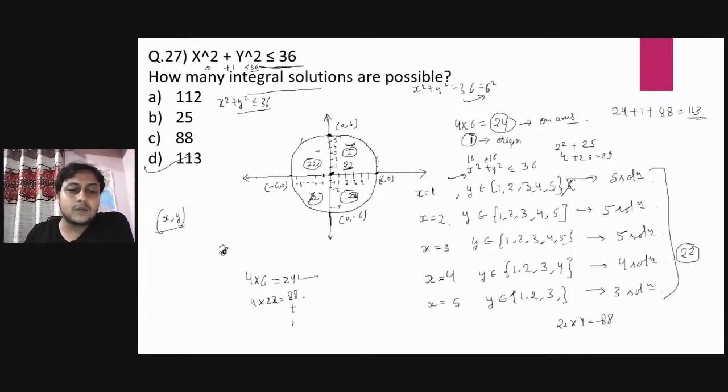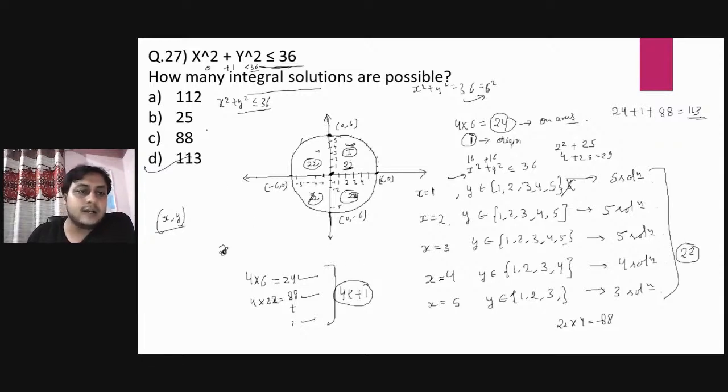So guys, this is a multiple of 4, this is a multiple of 4, this is plus 1. So the answer should be in this form, 4k plus 1. The answer should always be in this form according to the given question, 4k plus 1.